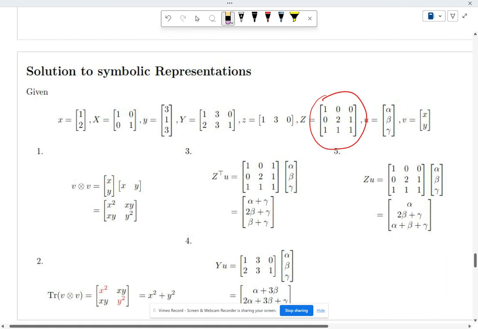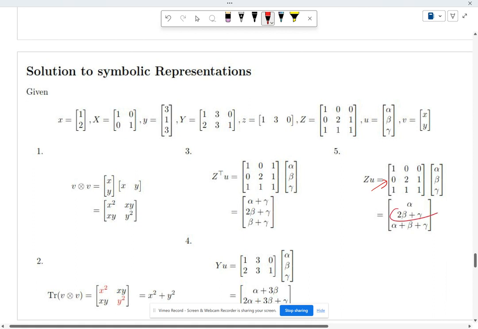Let's do another one. So Z, this time I think I copied it correctly. Yeah, I copied it correctly this time. Now, let's multiply them together. Let's take this and then do the dot product here, which is just alpha because everything else is 0. We'll do this again. So alpha is 0, but 2 beta plus gamma.